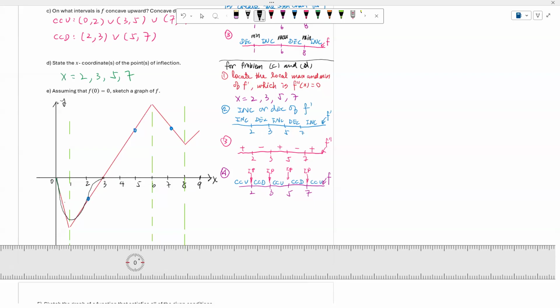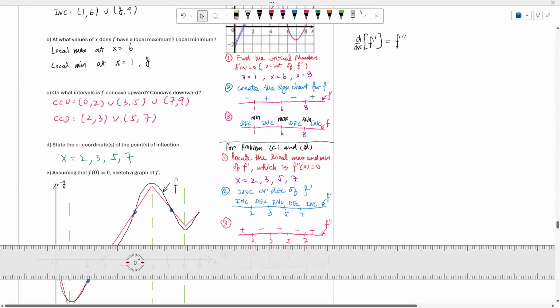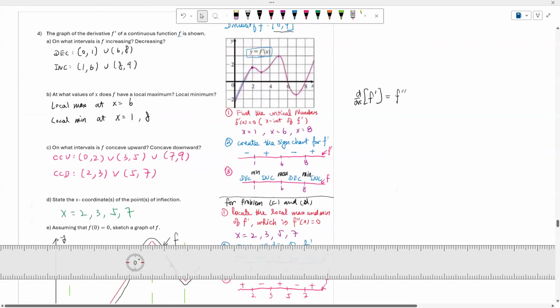And then from 3 to 5 is concave up. And then from 5 to 7 is concave down. And then from 7 to 9 is concave up. Okay. So then this will be my f function. Okay. This is again how we use the f prime and f double prime to help us to sketch the function f then. Okay.